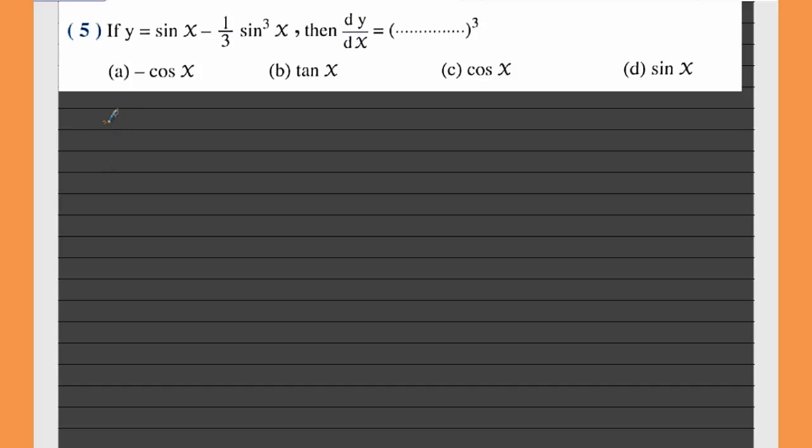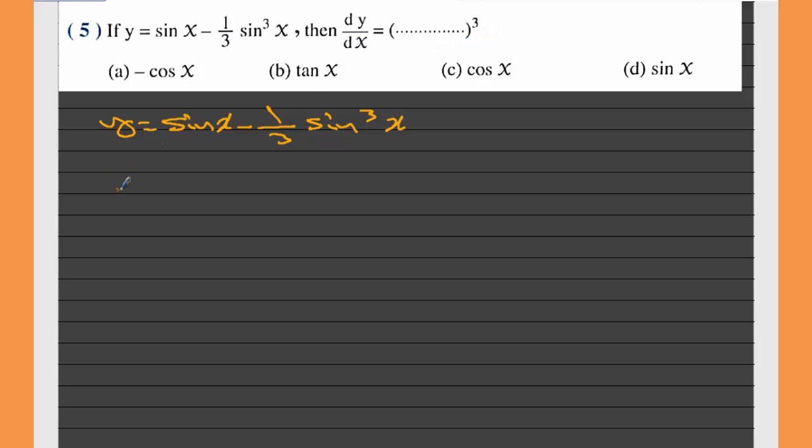Question number 5, we have y equals sine x minus 1 over 3 sine power 3x. The required is to find dy dx.